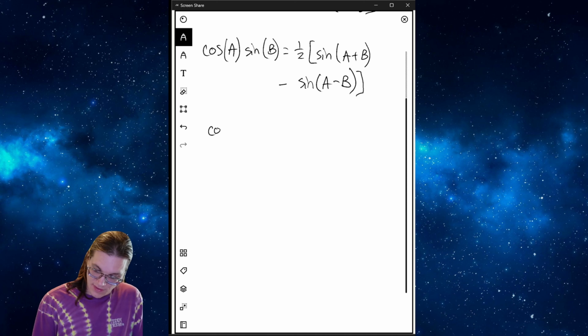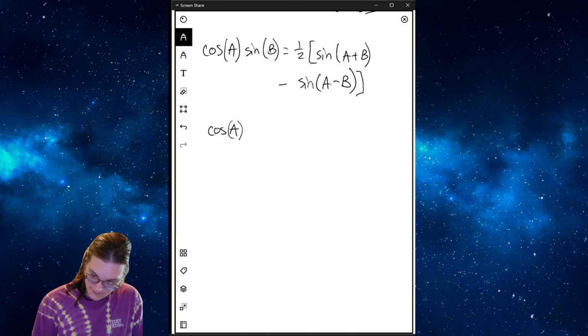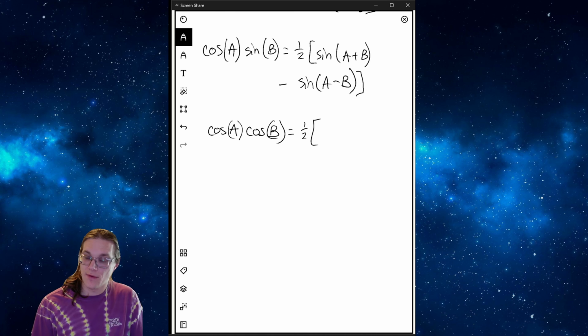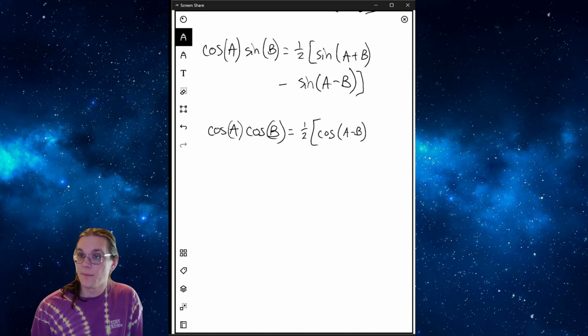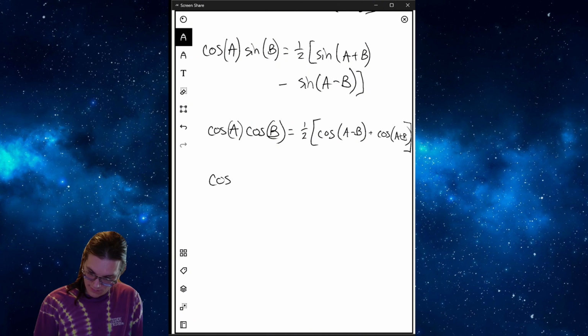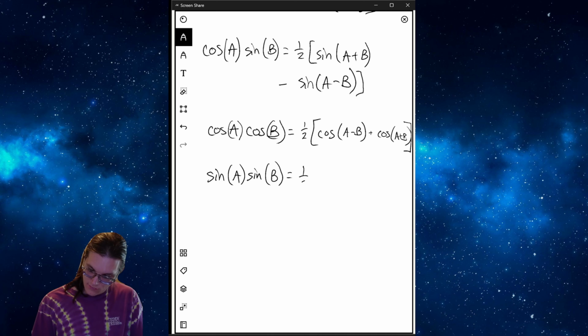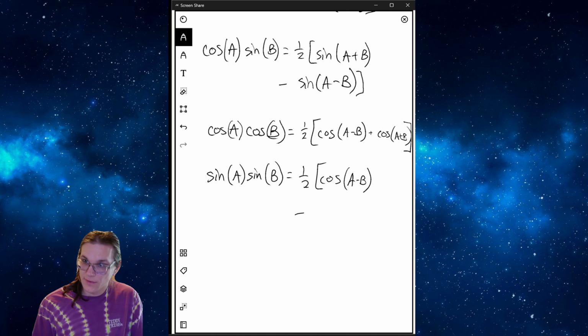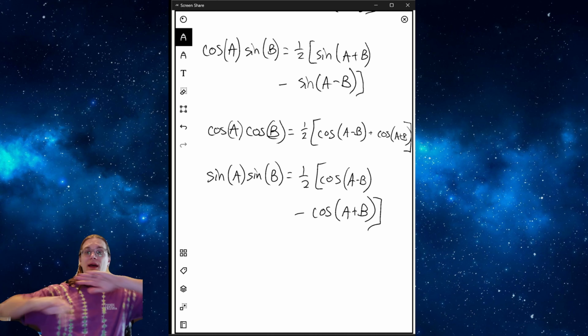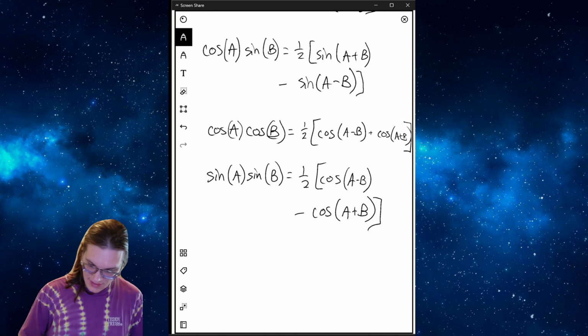And then if it comes down to cosine times cosine, right? 1/2 of cosine (a minus b) plus cosine (a plus b). And sine times sine, we have 1/2 of cosine (a minus b) minus cosine (a plus b). Okay, that's the product identities.